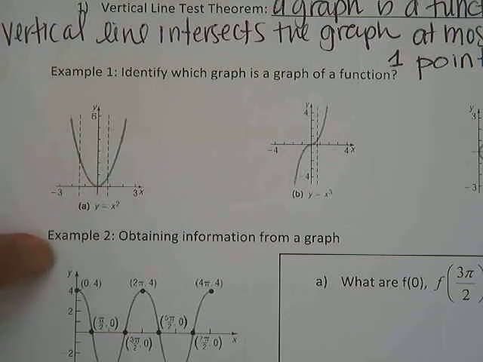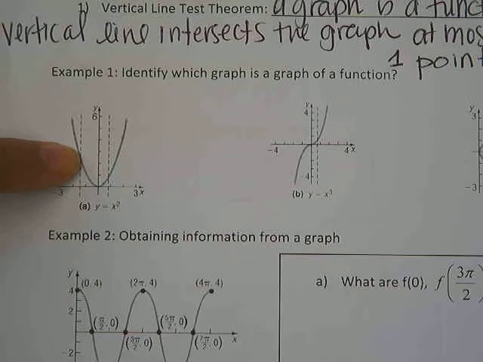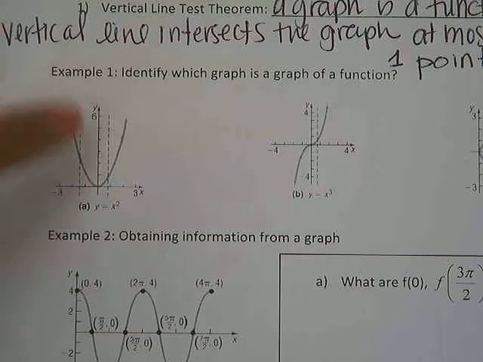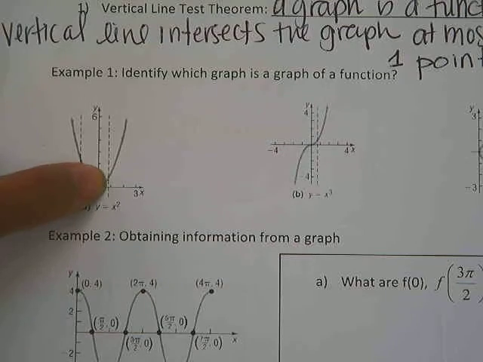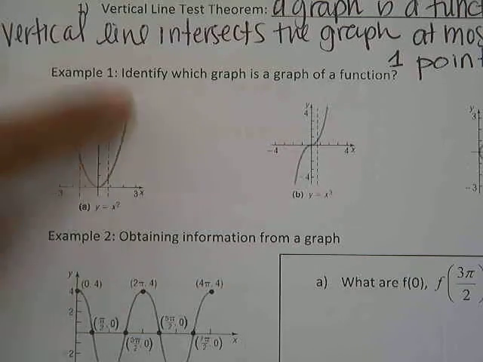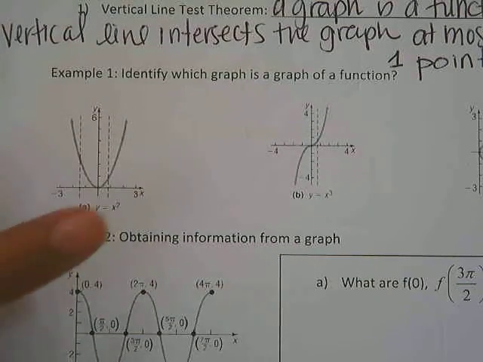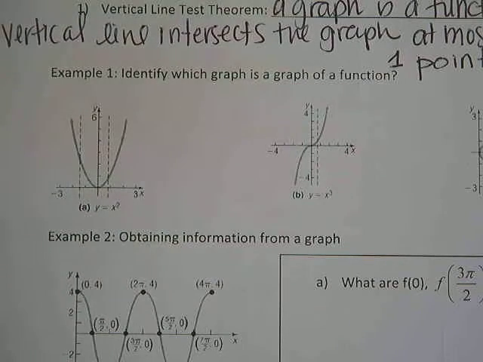So vertical line number 1 intersects 1 point. It feels good, it might be a function. Let's do a couple more vertical line tests. This one also intersects 1 time. How about another one here? This is also 1 time. I can draw as many vertical lines as I want, as long as each line intersects 1 time.